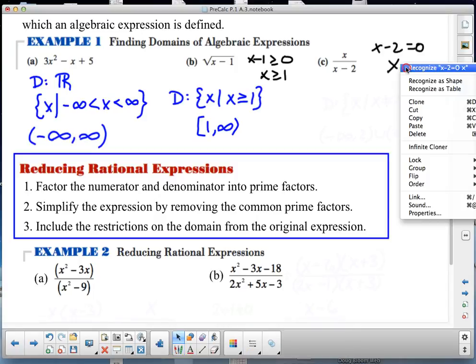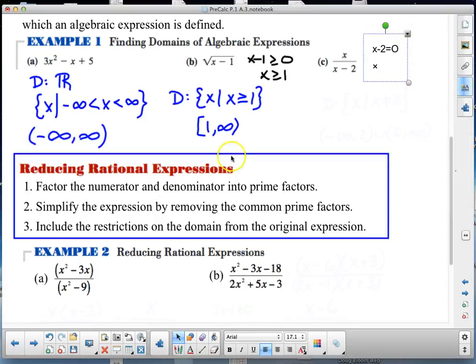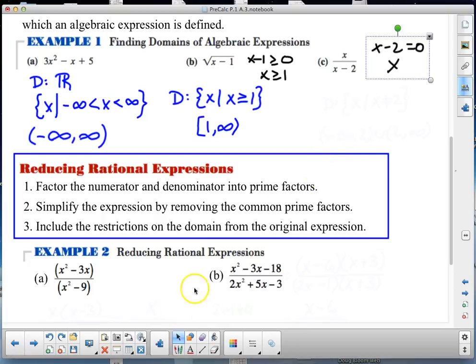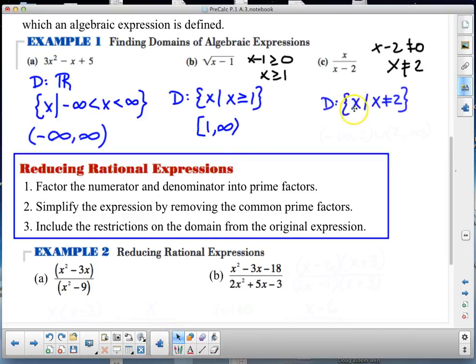After I know that, my restriction for the domain is when x is not 2. So the domain is x such that x can't be 2. In interval notation, I go from negative infinity to 2, union 2 to infinity, because it's open at 2.